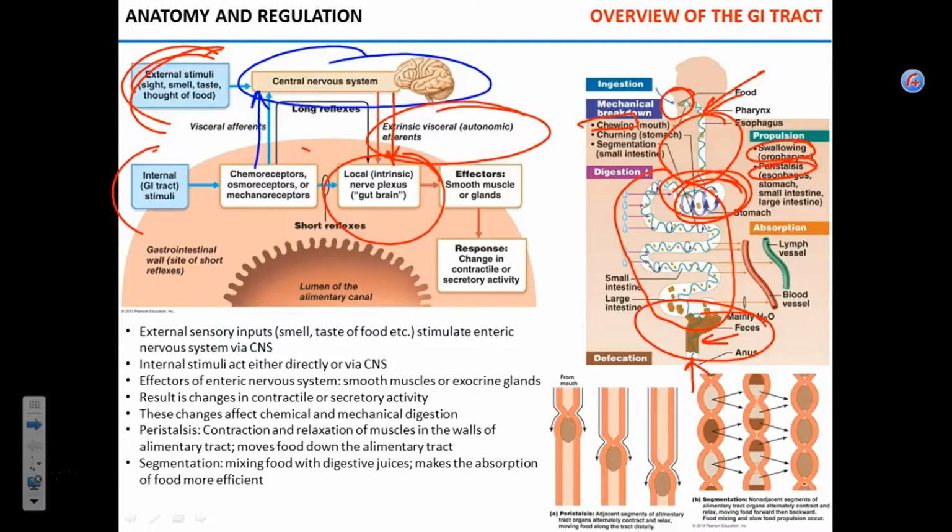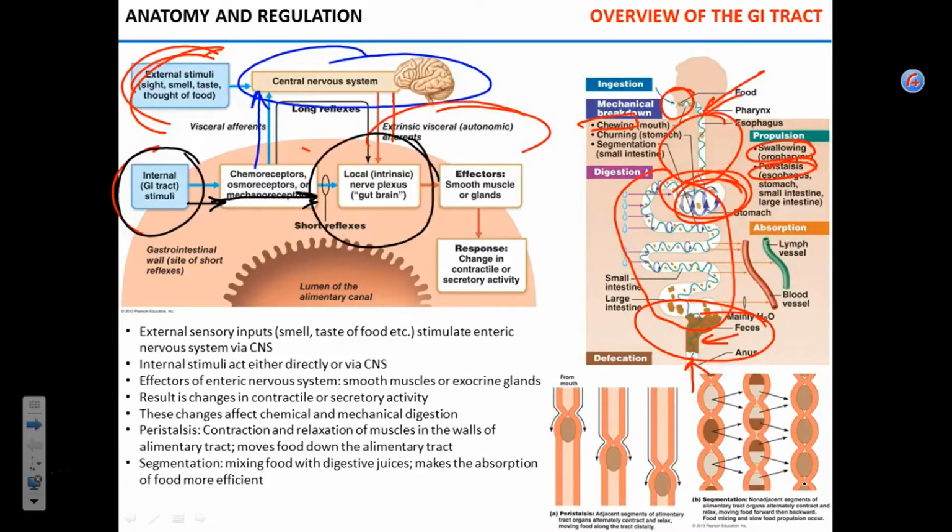Pretty much they short circuit the chain of command. It's a local reflex. All the same branches are involved. The only thing is that CNS is bypassed. Look at this. You still have your stimulus, right? You still have sensory nerves.